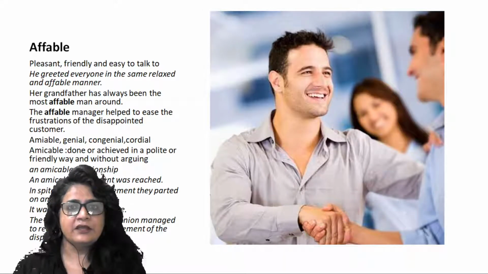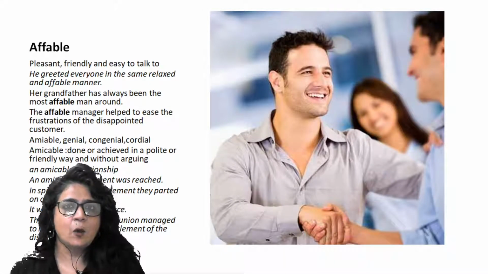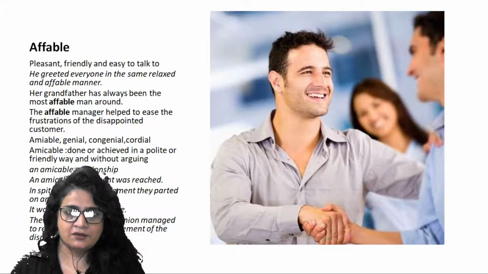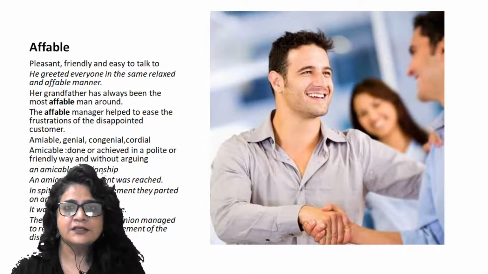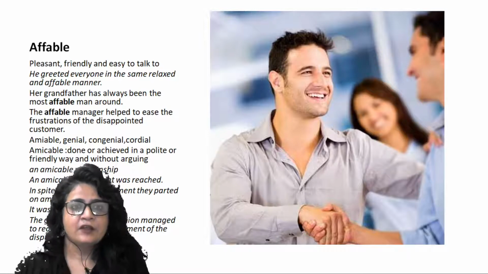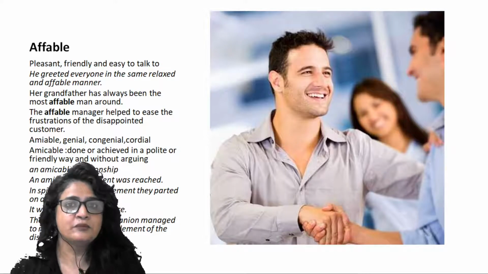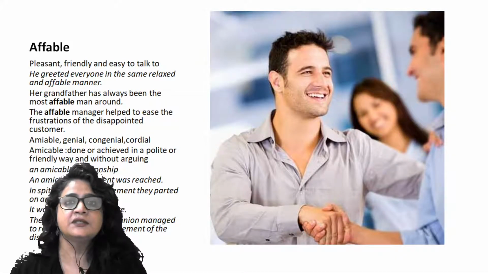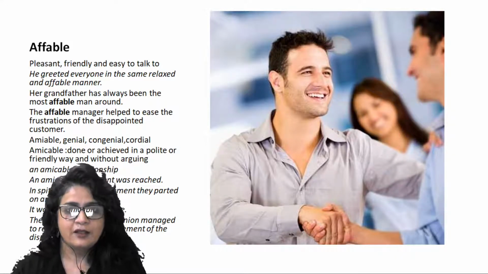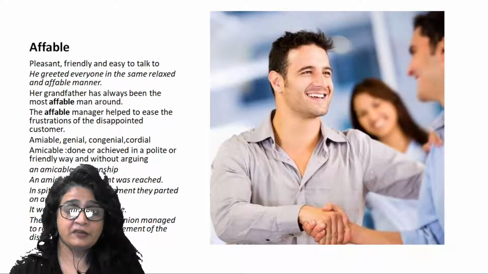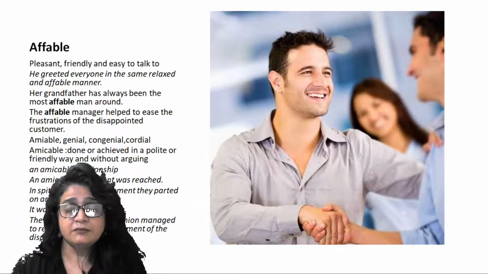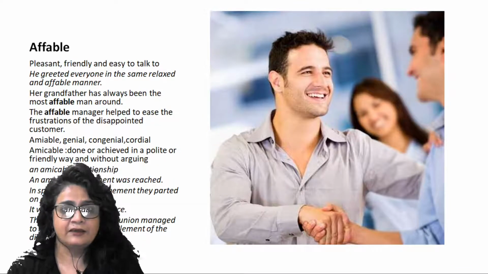So this picture depicts all these characteristics, all these positive attributes, right? So the person is an affable man. The word is affable. So it's pleasant, friendly, and easy to talk to. A person who is agreeable, a person who is easy to approach, right? So that is what is affable. Affable personality, affable demeanor, affable smile. All right?